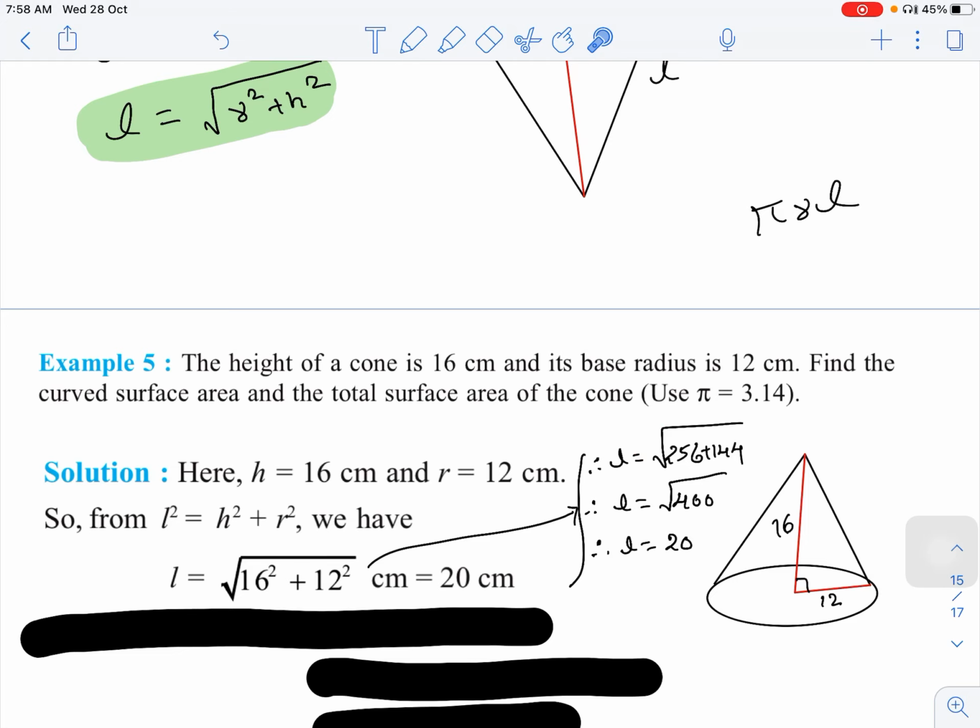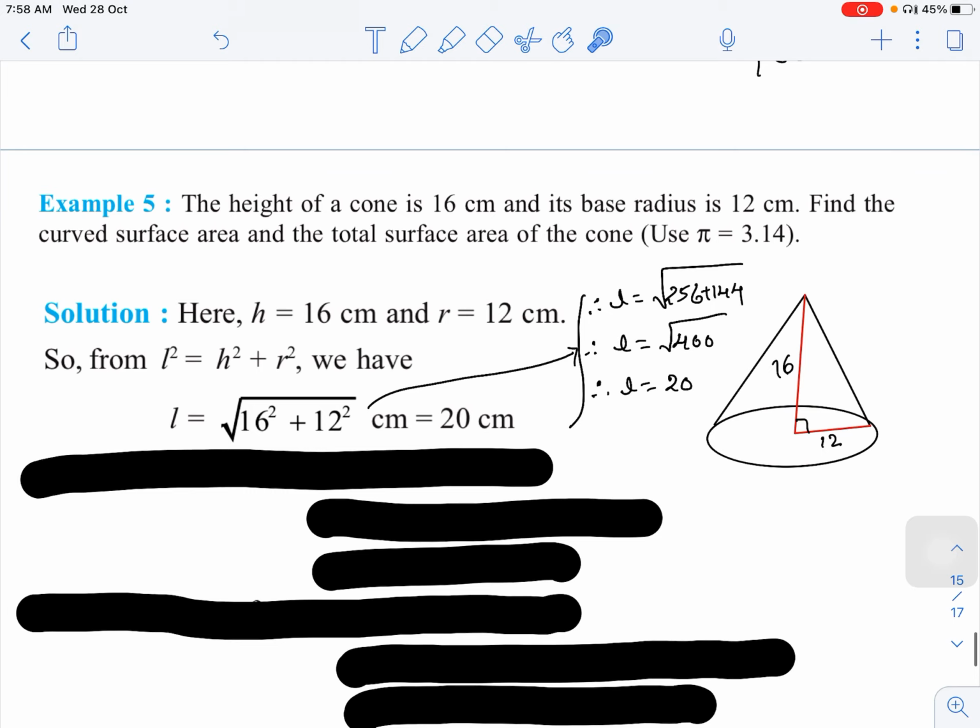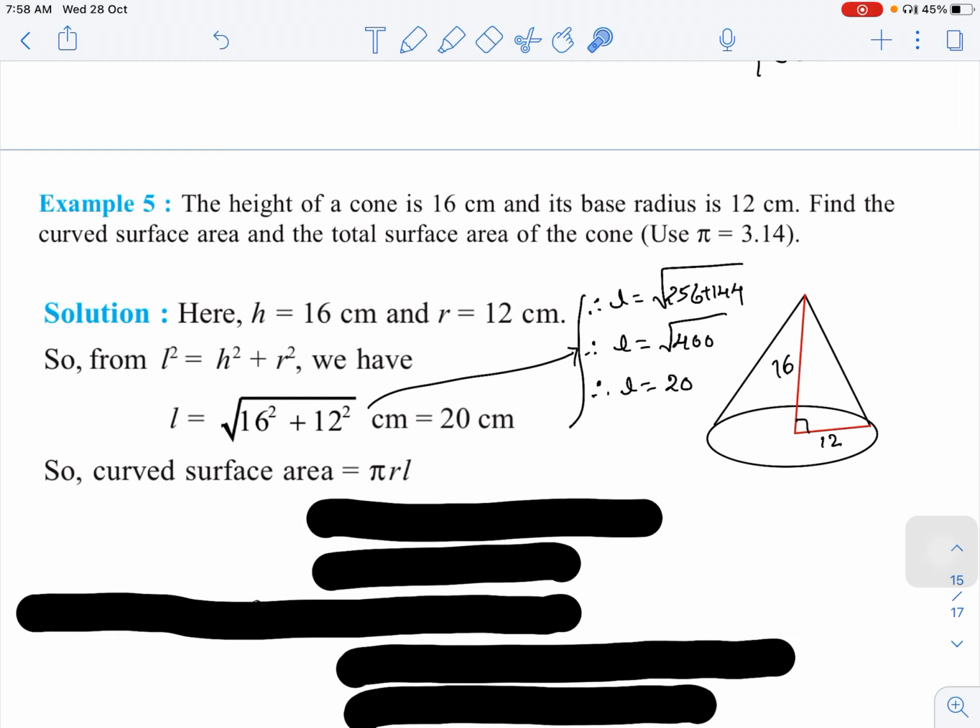So here we have mentioned it directly. Now we have the value of L. Now we want to find the CSA, so we can easily find the value of CSA now. What is the formula for CSA? It is pi r L. We have the value of pi as 3.14, r as 12, and L as 20 centimeter.